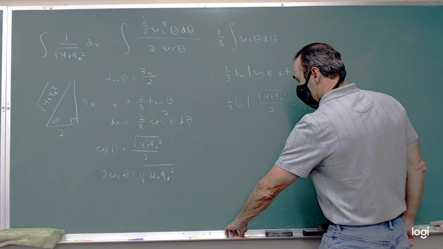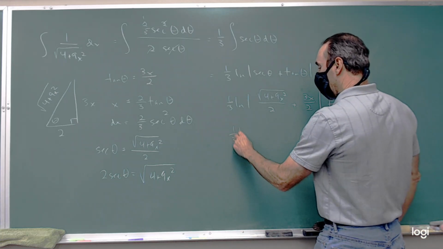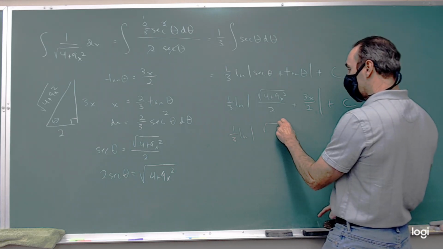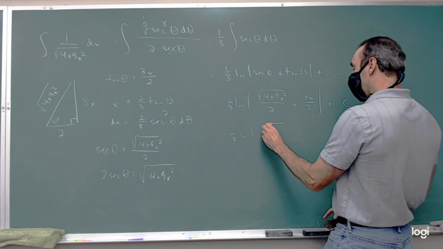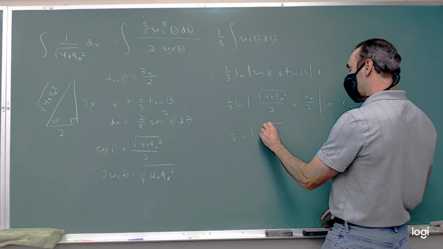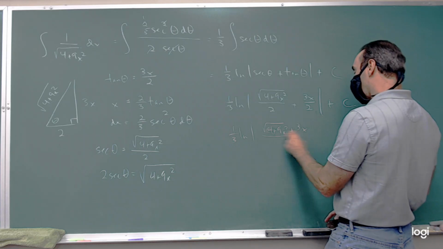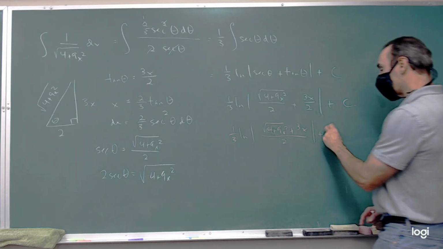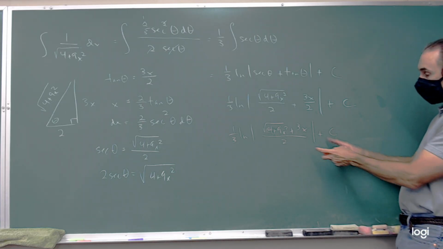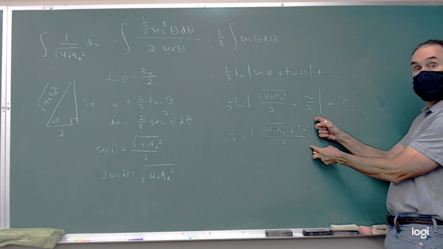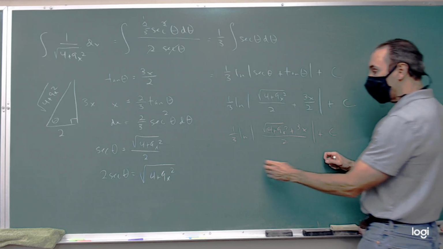They are going to use a property of logarithms here. They're going to say, we're going to combine this, we'll condense this into a single fraction inside that logarithm. So they're going to write it like this. Then they're going to say the logarithm of a quotient is the log of the numerator minus the log of the denominator.